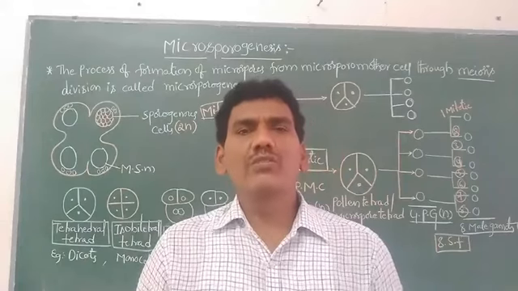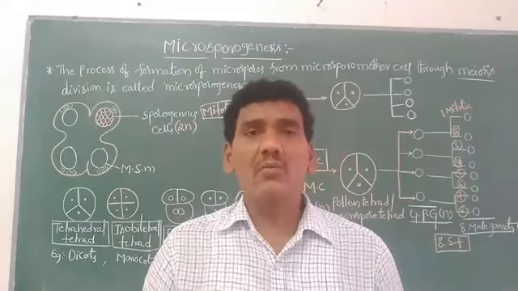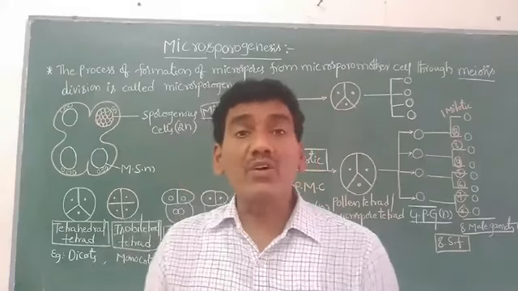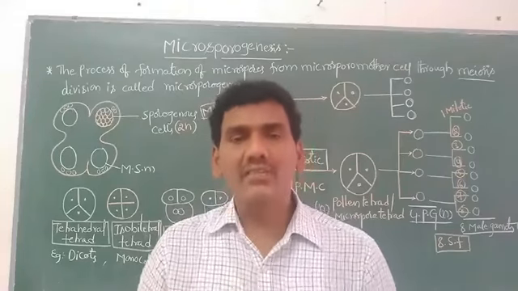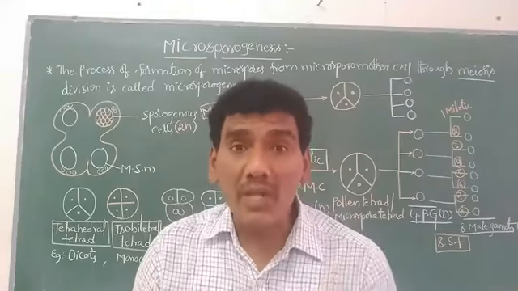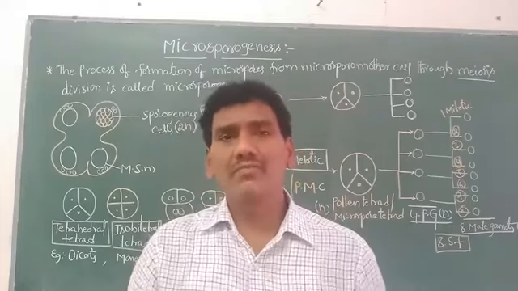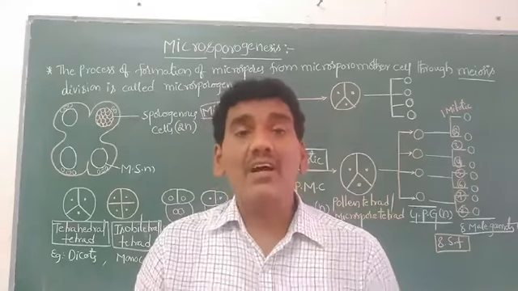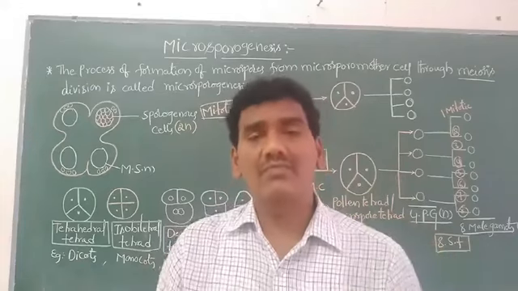Today we are going to discuss an important concept, microsporogenesis. In microsporogenesis, mostly we discuss how pollen grains develop from the anther. You know the structure of the anther from previous classes.